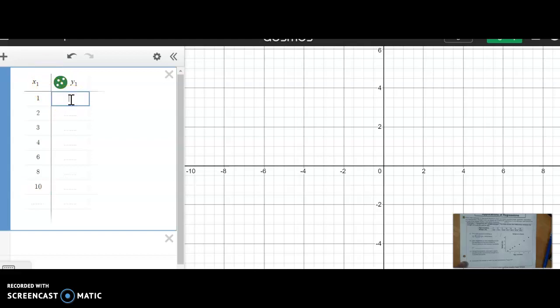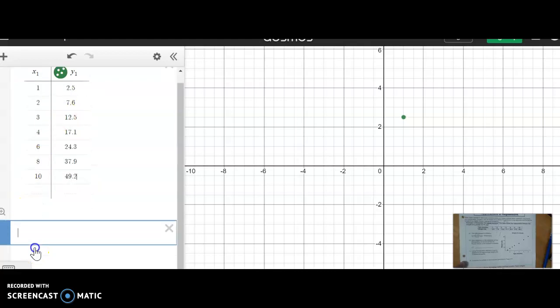I put all my X's in first because I can just press enter. 10.5, 7.6, 12.5, 17.1, 24.3, 37.9, and 49.2.